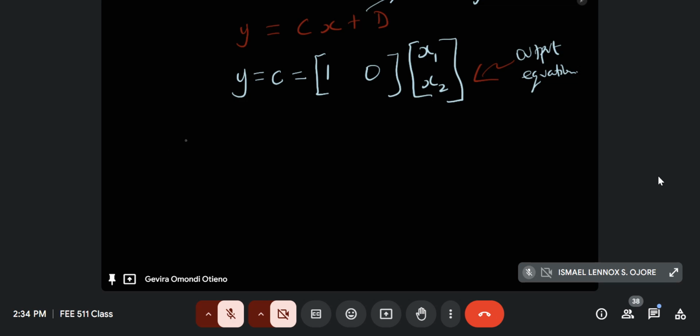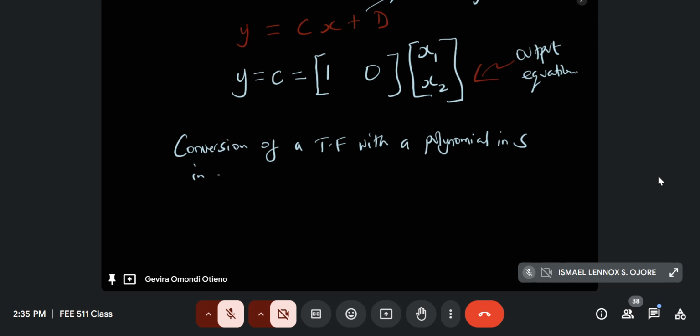So, conversion of a transfer function with a polynomial in S in the numerator.